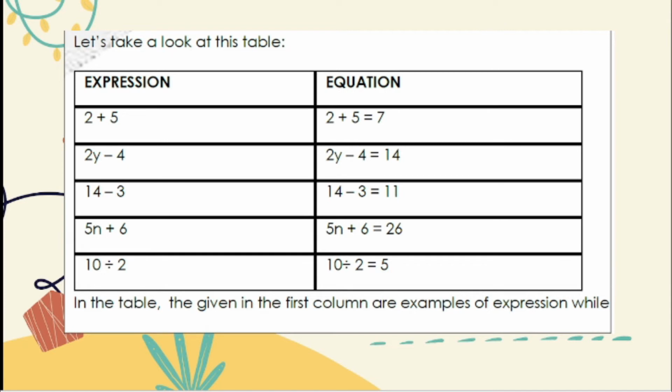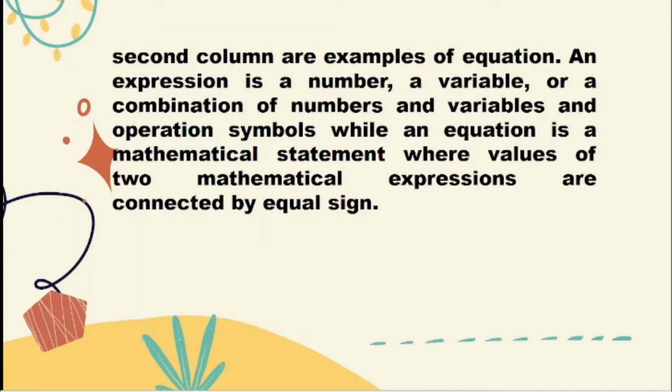So in this table, the given in the first column are examples of expression, while the second column are examples of equation. Beware: an expression is a number, a variable, or a combination of a number and a variable and operation symbol, while an equation is a mathematical statement where values of two mathematical expressions are connected by an equal sign.